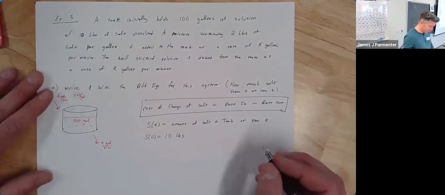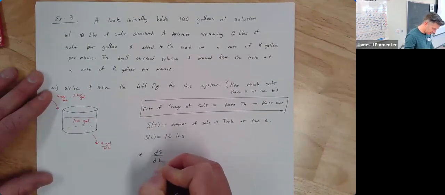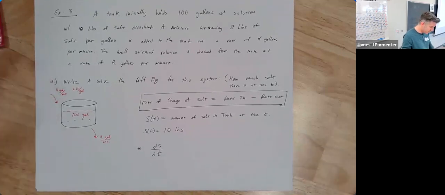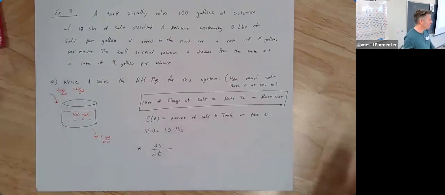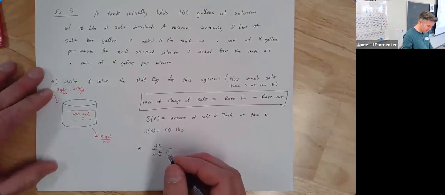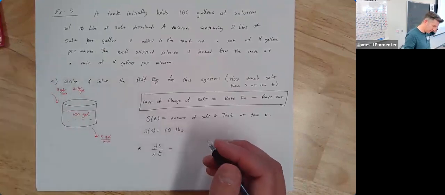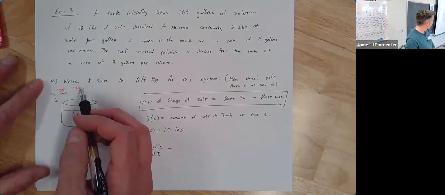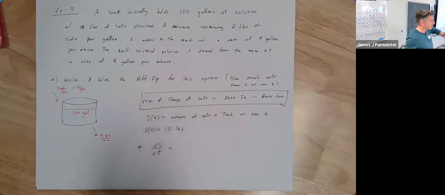So now let's write our differential equation. It's going to be dS/dt, the rate of change of salt per minute, equal to, so how much salt's going in? The way I typically think about the salt that's going in is the volume that's going in times the, I don't want to use the word rate because I've already used the word rate.